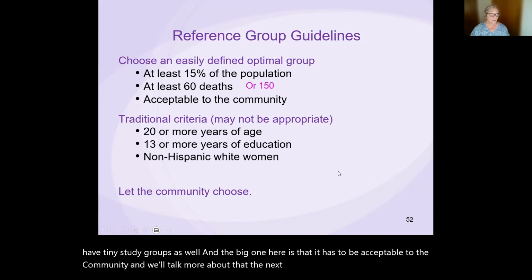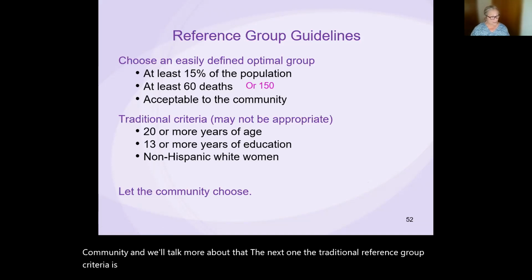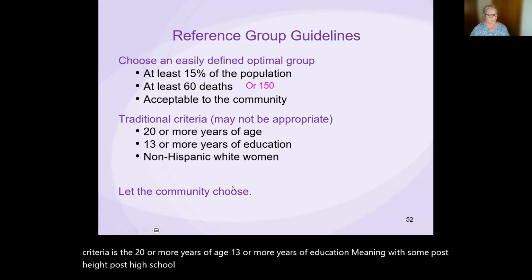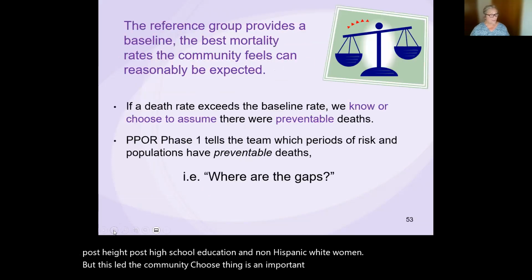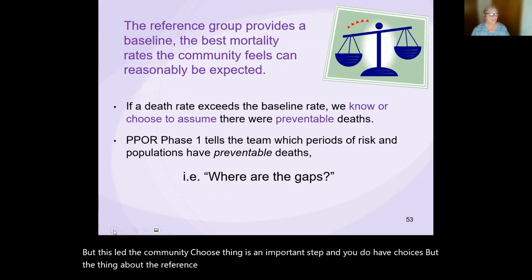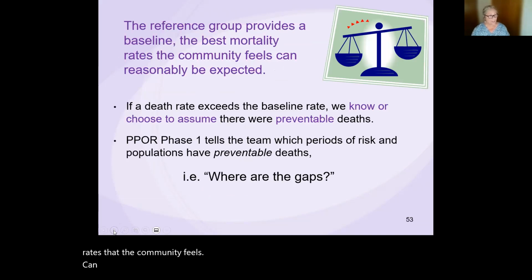The traditional reference group criteria is 20 or more years of age, 13 or more years of education, meaning some post-high school education, and non-Hispanic white women. But this let-the-community-choose thing is an important step, and you do have choices. The thing about the reference group is that it provides a baseline, and it's the best mortality rates that the community feels can be reasonably expected.